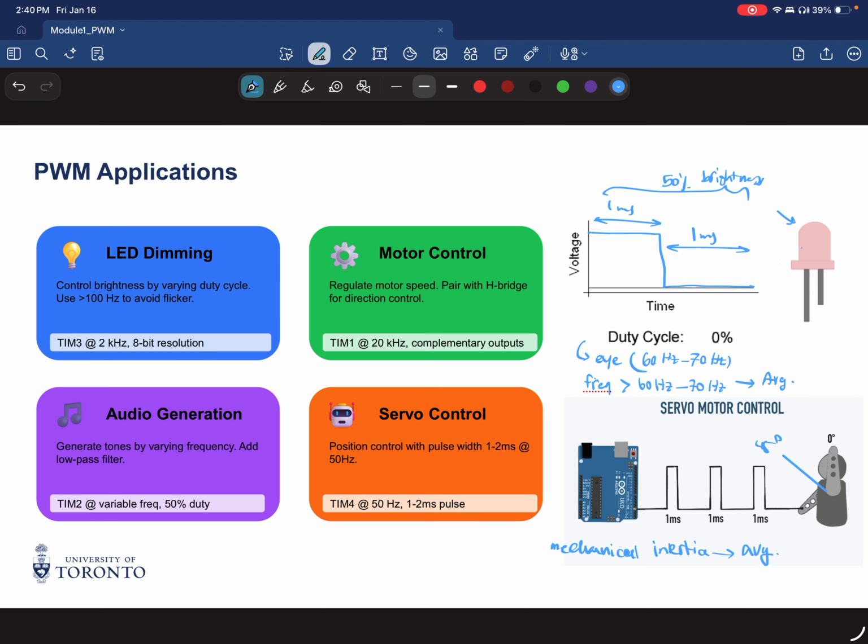So if you make a change to the speed, and turn the motor on and off fast enough, then the inertia would help in averaging that as a lower speed or a higher speed. Or the audio generation here, the same thing. It's the natural frequency for our ear detection that can actually understand some changes or basically averages changes in the output of on and off.